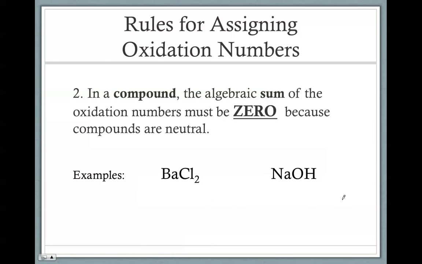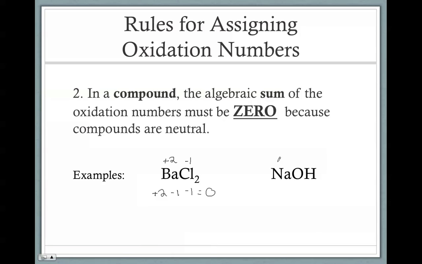In a compound, the algebraic sum of the oxidation numbers must be 0 because compounds are neutral. So we're going to see that in barium chloride, barium is +2 and each chloride ion is -1. Well, if I add up the sum, I have a +2 and then I have 2 -1s, which means that 2 minus 2 gives me an algebraic sum of 0.